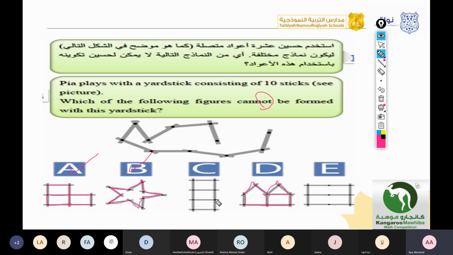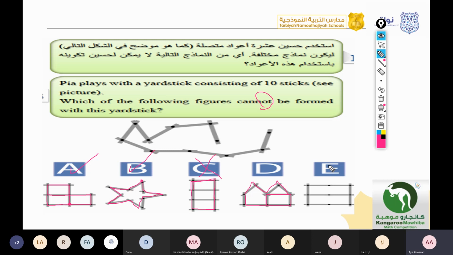You cannot connect it. Look, 1, 2, 3, 4, 5, 6, 7. Oh, again 8. So I can't. 1, 2, 3, 4, 5, 6, 7, 8, 9, 10. Wow, I can't. You will try, and you cannot do C. Also, if you try with E, you will do.